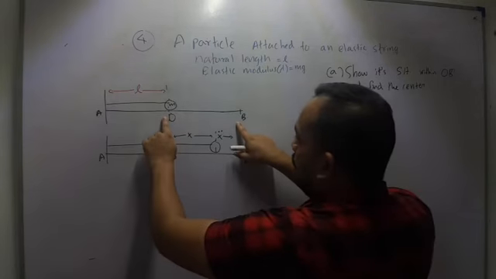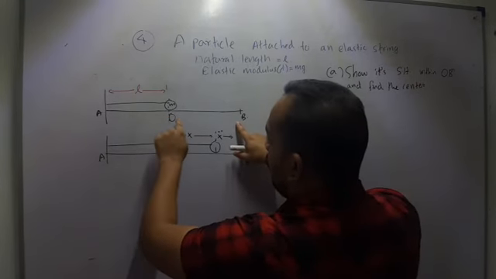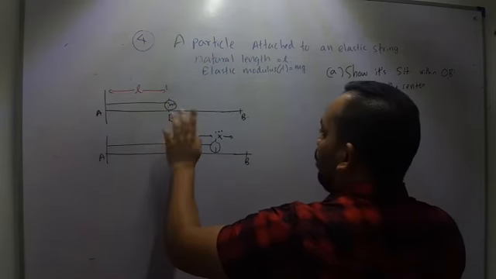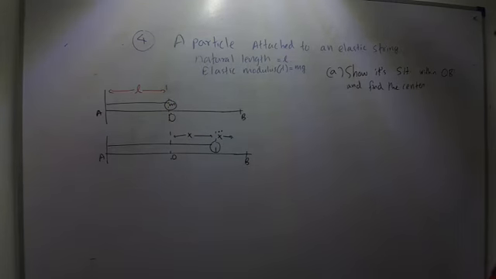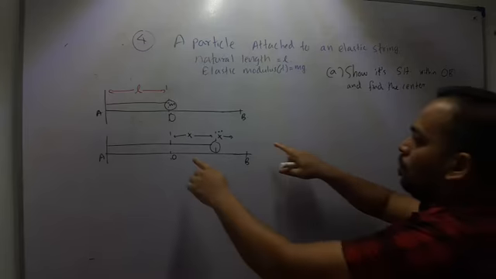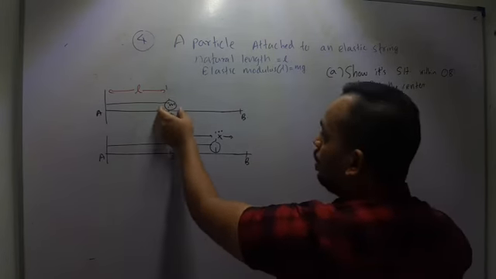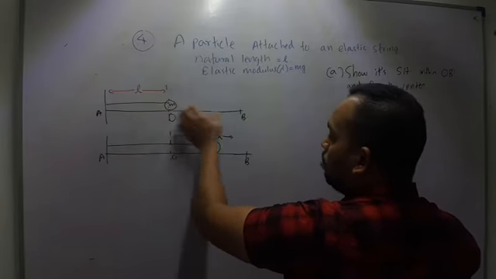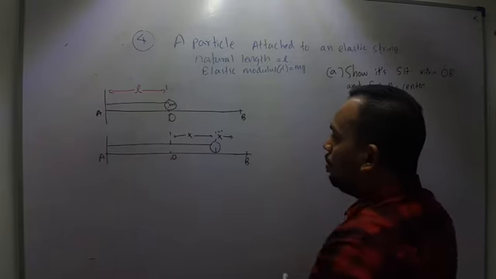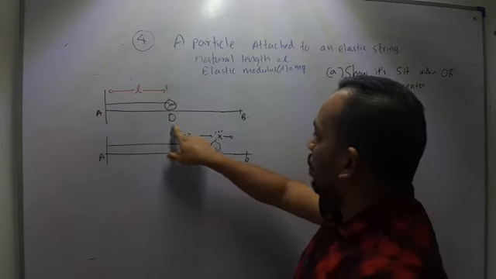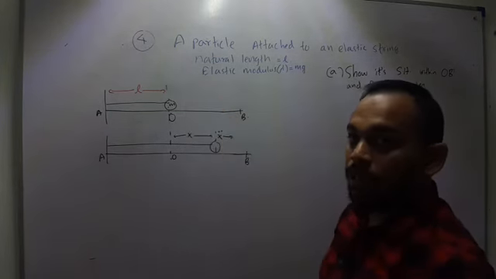So O is the equilibrium point. Now we have to show that this particle moves under simple harmonic motion within this region O and B. Why? Since this is an elastic string, if it displaces the particle by a small amount, it will be under tension in this region O to B. If it is here, it will be under tension.